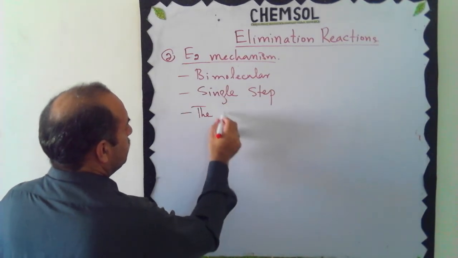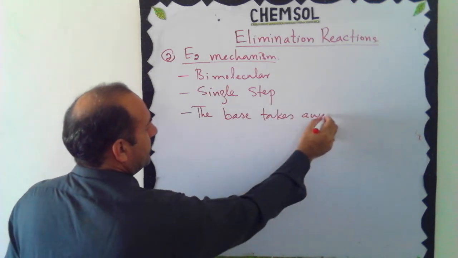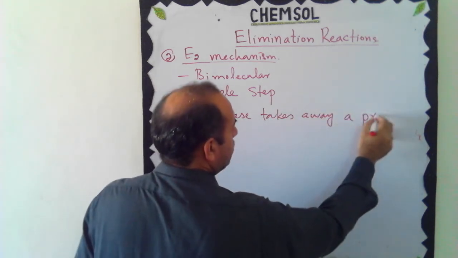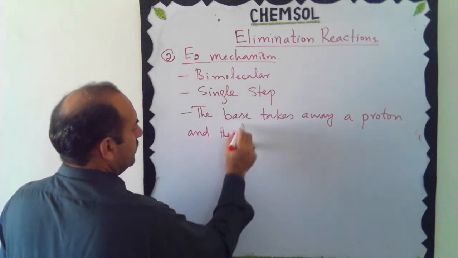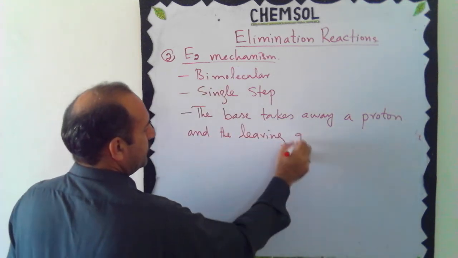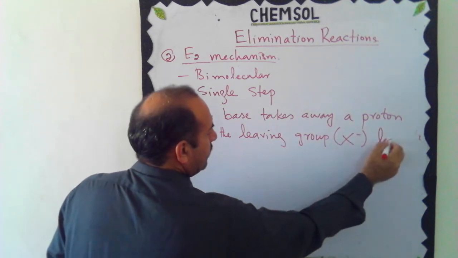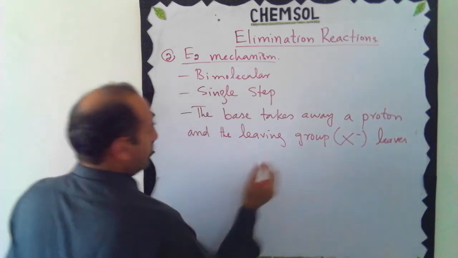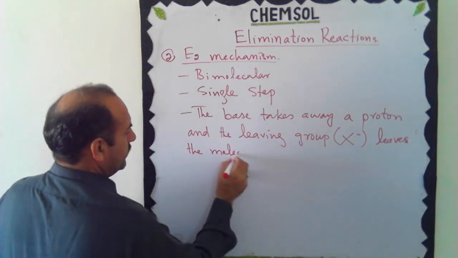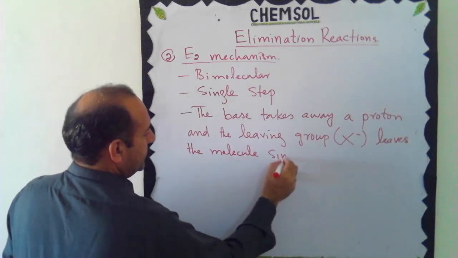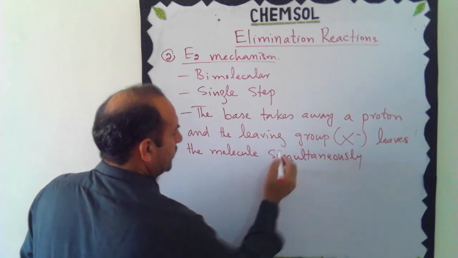The base takes away a proton, and the leaving group, that is a halide ion, leaves the molecule simultaneously, means at one time, at the same time.